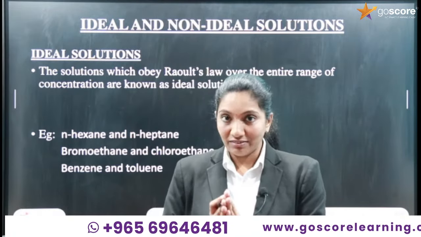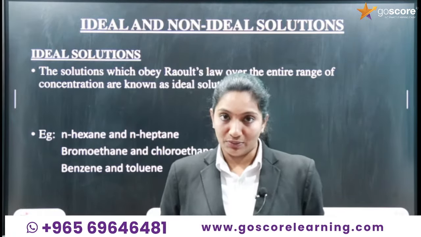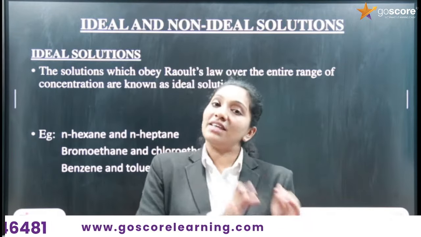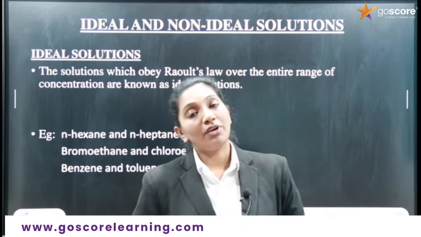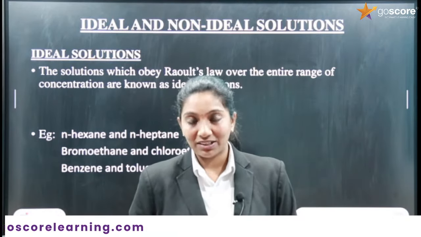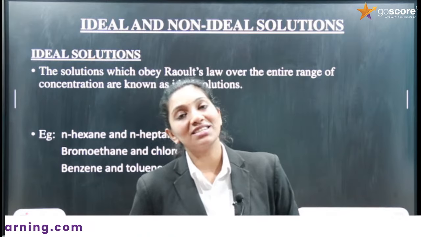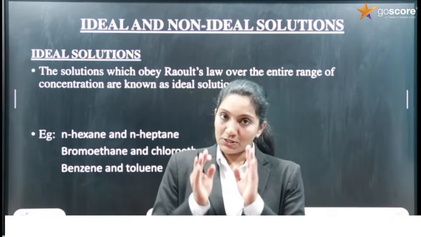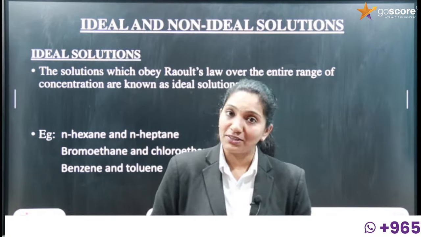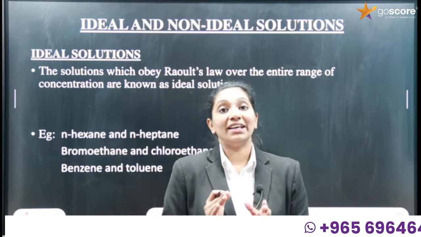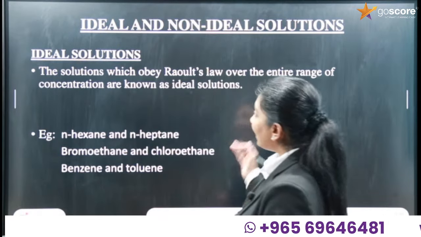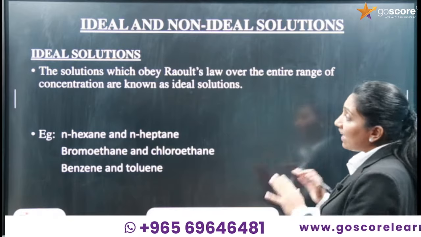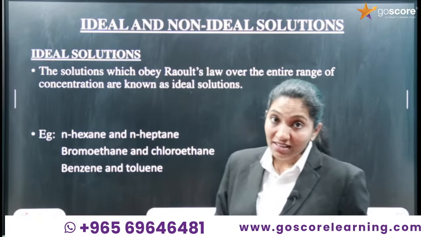A solution that obeys Raoult's law, that is, if the vapor pressure of the solution is equal to the sum of the vapor pressures of each component, we can say that solution is an ideal solution. In simpler words, the solutions which obey Raoult's law over the entire range of concentrations are known as ideal solutions.